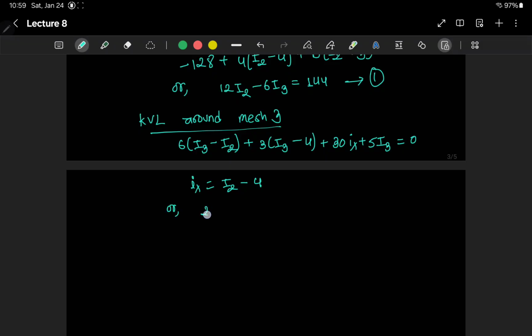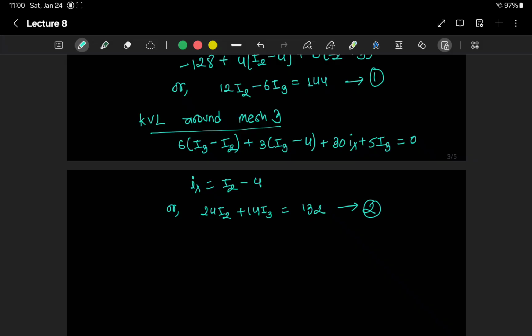Using that, we'll get 24I2 plus 14I3 is equal to 132. So this is our second equation. Now we only have two equations, as opposed to the 5 equations we had in the node voltage method.